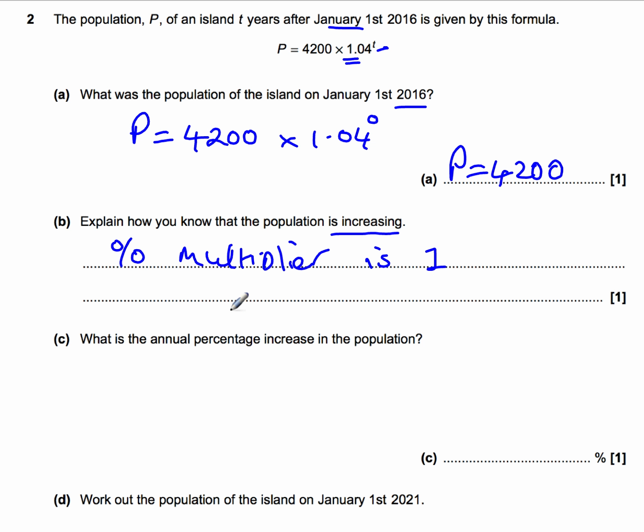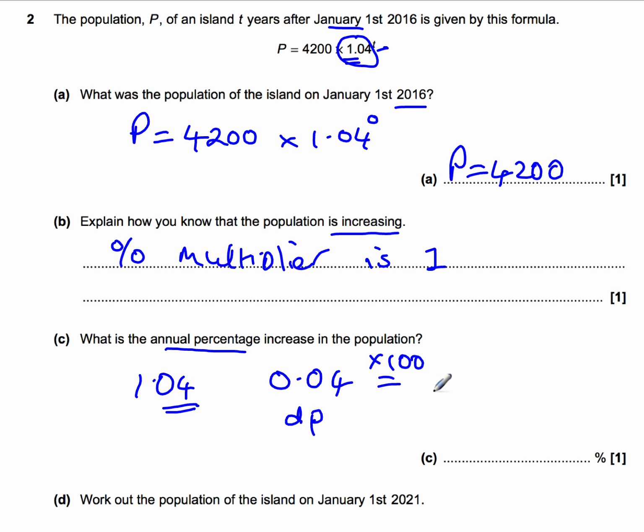This helps us answer the next question. What is the annual percentage? Well, you interpret the multiplier, 1.04. You use the 0.04 as a decimal and then convert it into a percentage by multiplying by 100, which equals 4. So the answer is 4%.